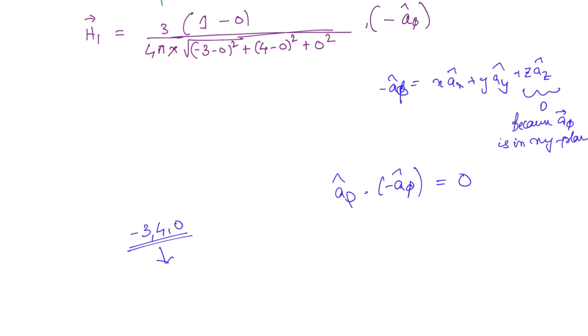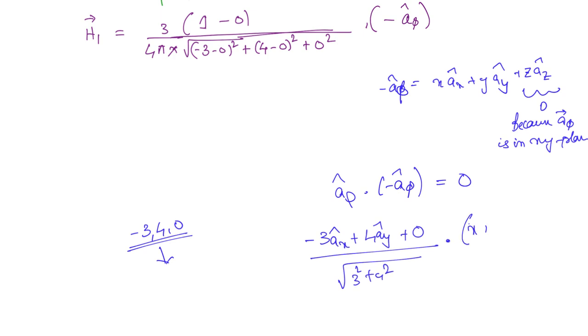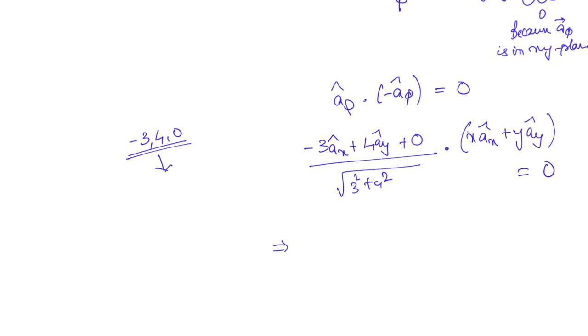The unit position vector is nothing but (-3 ax cap plus 4 ay cap plus 0) divided by root over (3 square plus 4 square), which is 5, dotted with (x ax cap plus y ay cap) is equal to 0. So from here you are going to get minus 3x plus 4y is equal to 0, or 3x is equal to 4y.